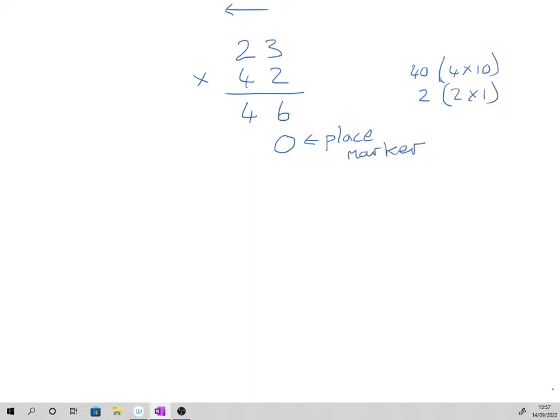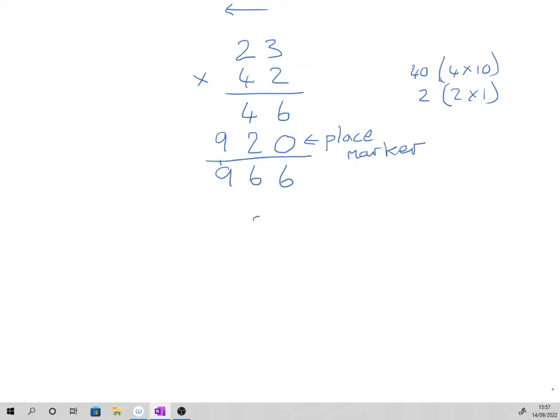And we go 4 times 3 is 12, so that's 2 with a 1, and 4 times 2 is 8, plus that 1 we carried is 9. Now we've got this little sandwich thing that we need to add up together. So 6 and 0 makes 6, 4 and 2 makes 6, and 9 is 9. So our answer is 966, and that is how you multiply.